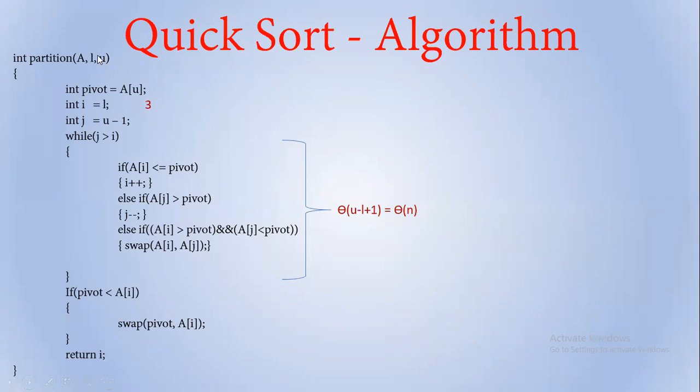For example, if you have 4 and 0 here, 4 minus 0 is 4, plus 1 is 5. That means you can get the number of elements of the array by this equation, U minus L plus 1, uppermost index minus lowermost index plus 1. So U minus L plus 1 I'll call N.